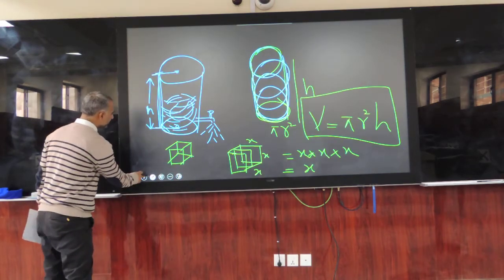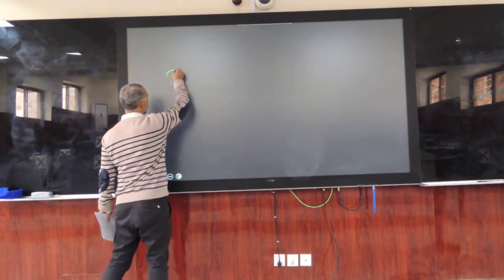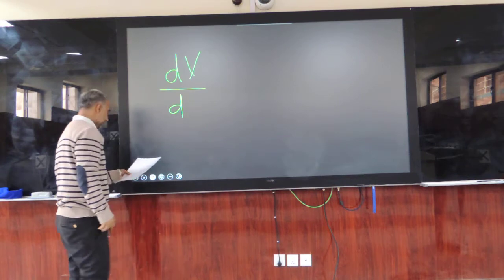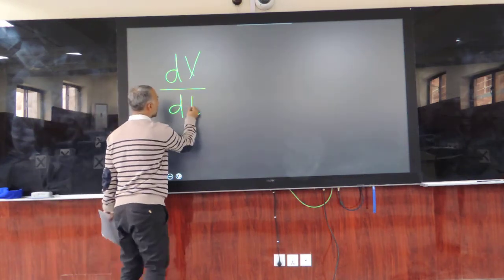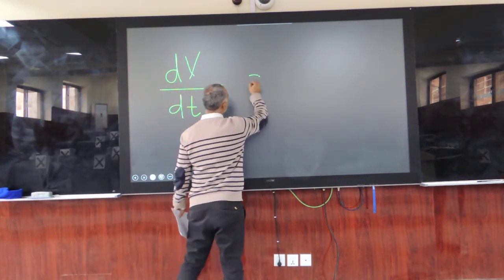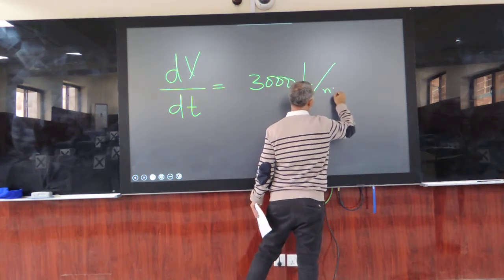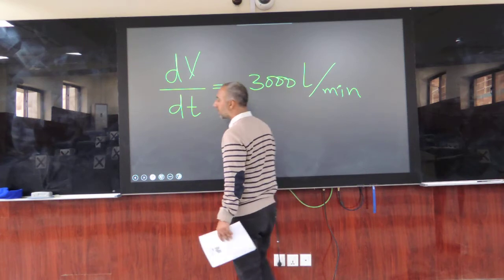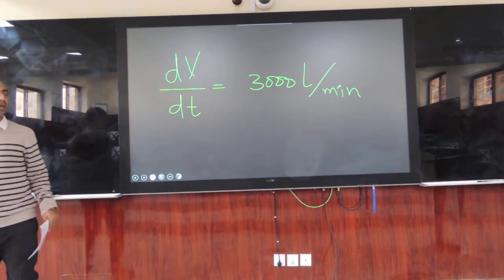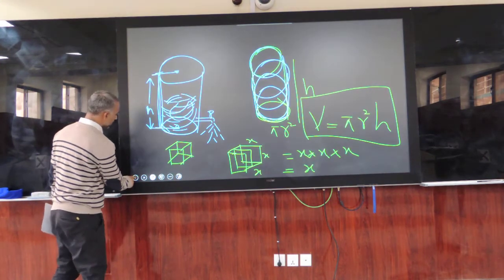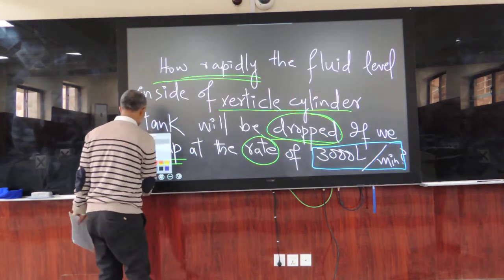In this situation we say it is given that dV over dt is equivalent to 3000 liters per minute. But one thing is very technical here: they are using the word drop.